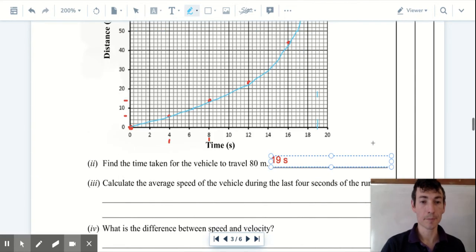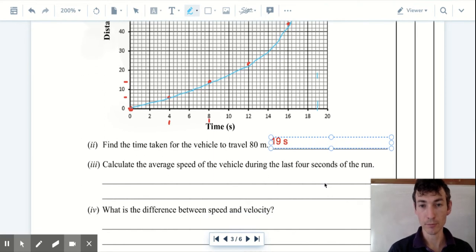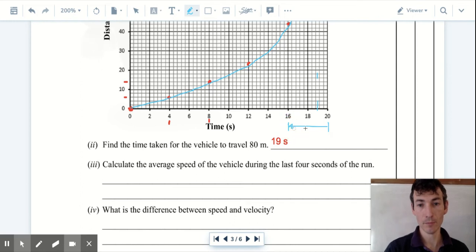What's next? Calculate the average speed of the vehicle during the last 4 seconds of the run. The last 4 seconds of the run is from 16 seconds all the way up to 20 seconds. That's the time interval there. So the time taken from 16 to 20 seconds is 4 seconds.